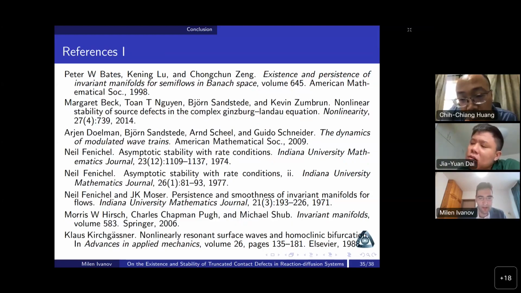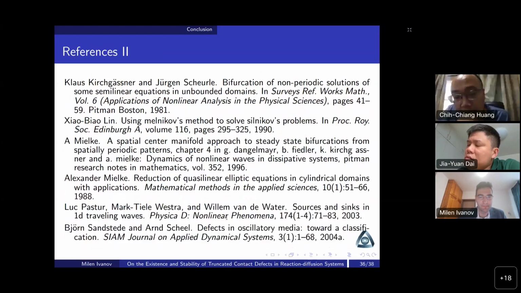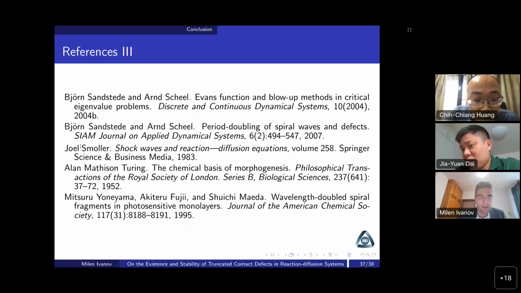Fenichel and Hirsch, it's all on normal hyperbolicity and so on. And Alexander Mielke also, his influence was really key to make everything happen. All of this happened by developing the center manifolds for some spatial dynamic problems.